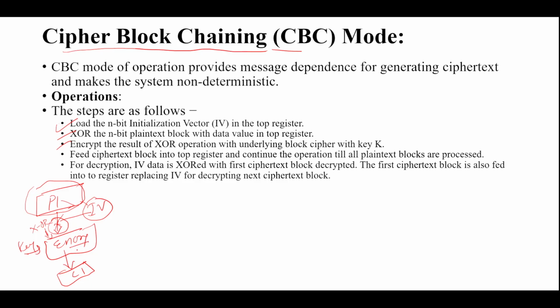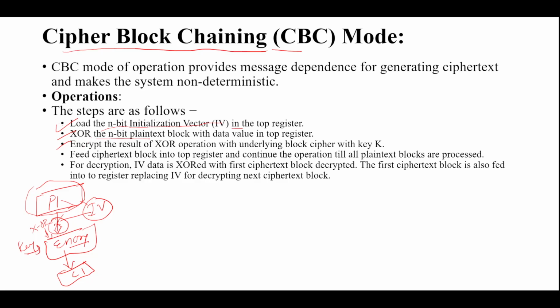Then the same method will be followed. So only two changes are there: the initialization vector and plaintext are combined and XORed, and the output of the XOR is given to the encryption. Load the n-bit initialization vector in the top register, that we have done.